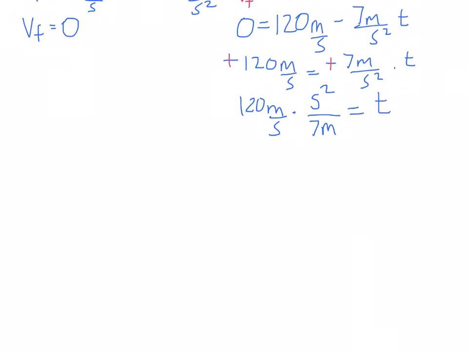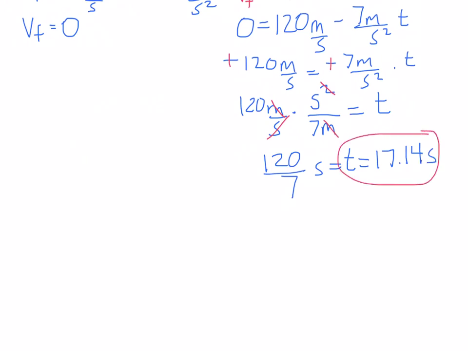Now the meters cancel, and one of the seconds cancels, and we are left with 120 divided by 7 seconds is equal to the time. That means that the plane is going to take 17.14 seconds to land. And there we go. That is the answer.